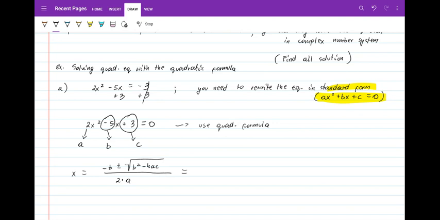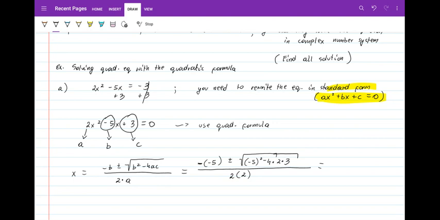So we're going to substitute. We have negative b, which is negative 5, plus minus square root of b squared, which is negative 5 squared, minus 4 times 2 times 3. And everything has to be divided by 2 times a, which is 2 times 2.